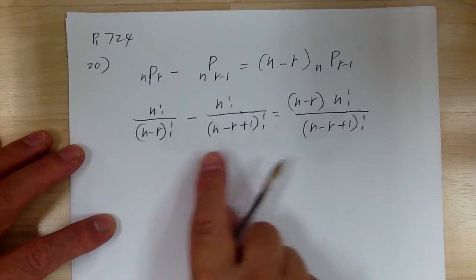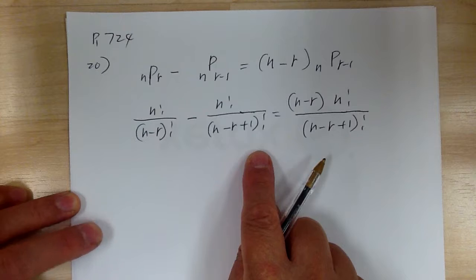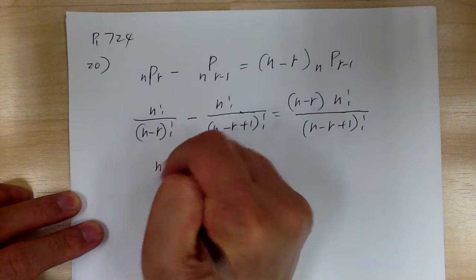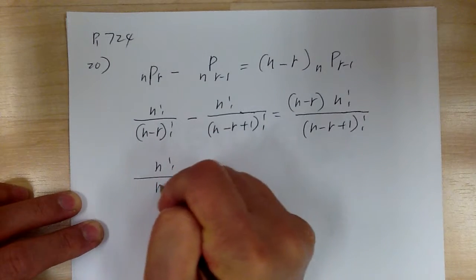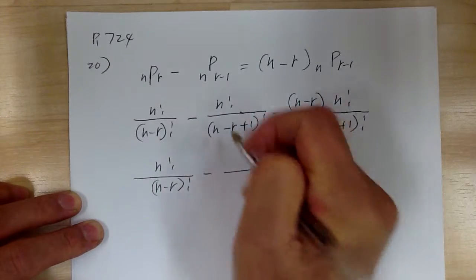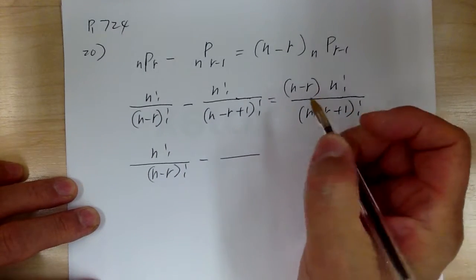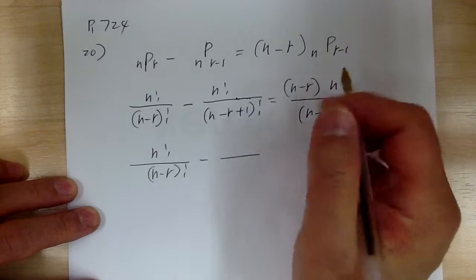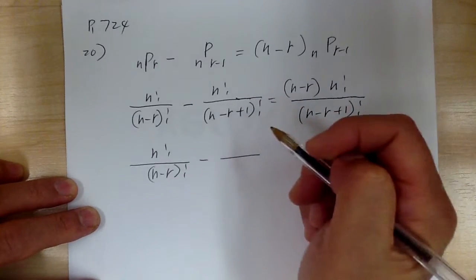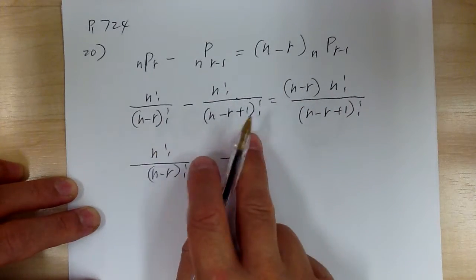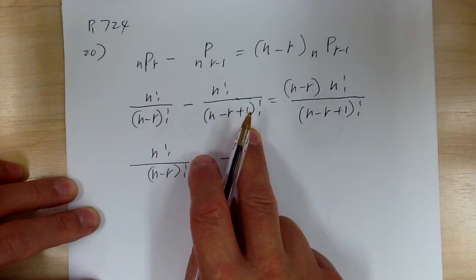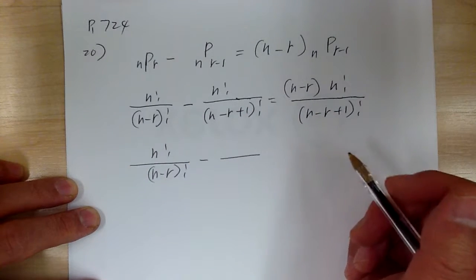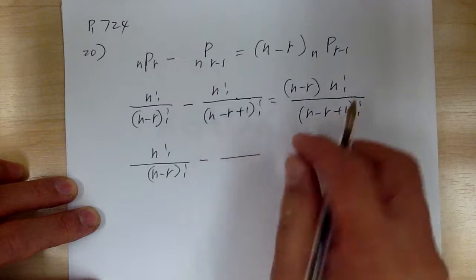Now let's simplify things a little bit. You're going to get N factorial over (N minus R) factorial minus the other term. In order to subtract, you need to make a common denominator.